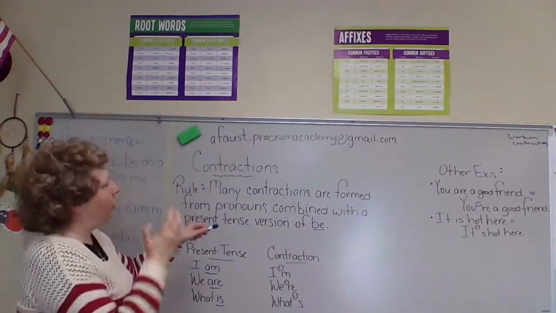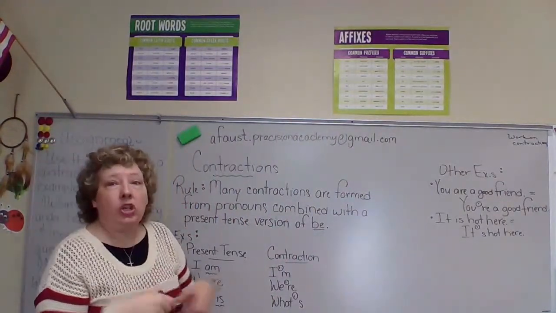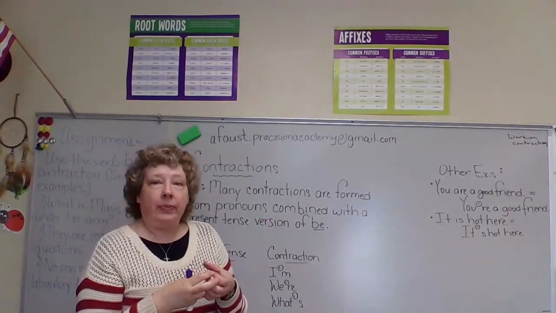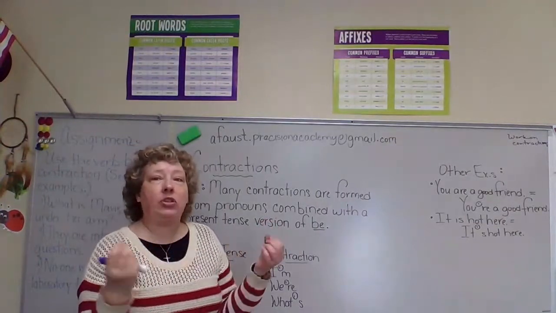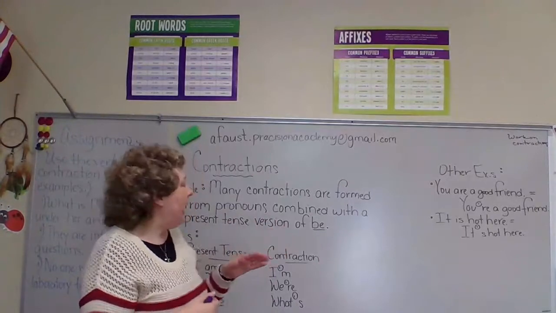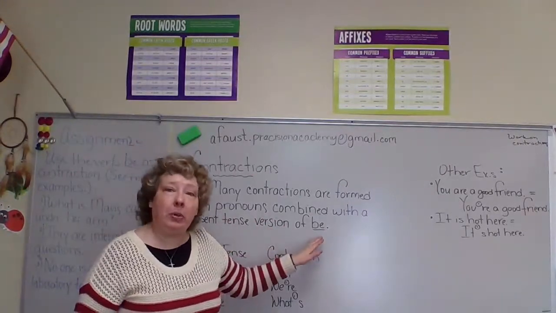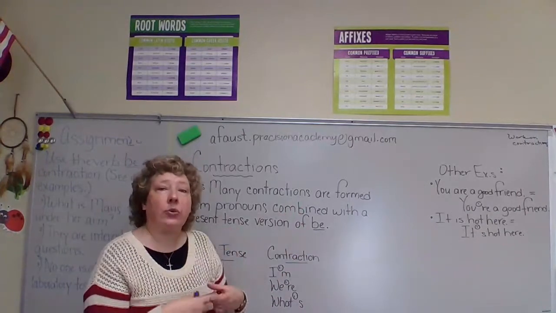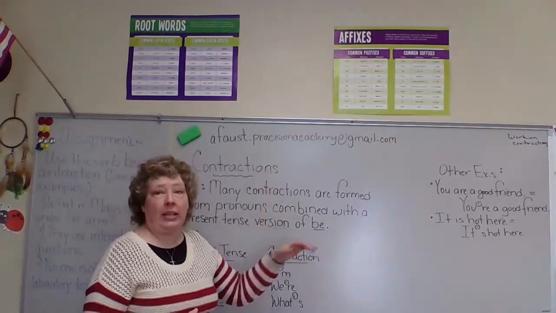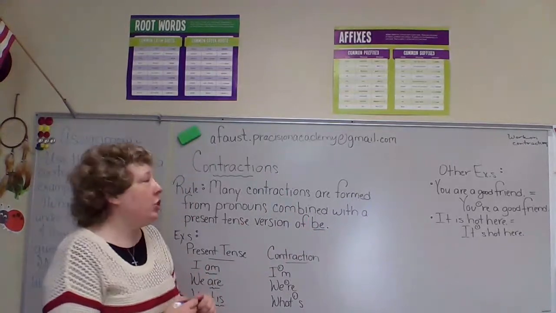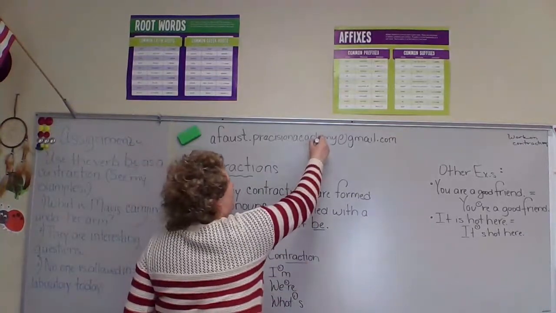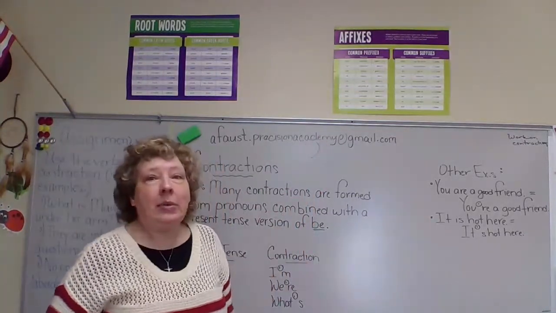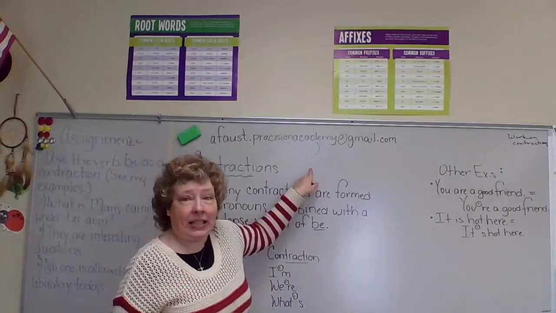So, that's the rule. You're taking pronouns, shrinking them into one word. So you have a pronoun and you have a to be verb. So you have two words and you're going to shrink it. So you have your contraction. Now when you have your contraction, do not forget the punctuation looks like a comma, but it's at the top, isn't it?